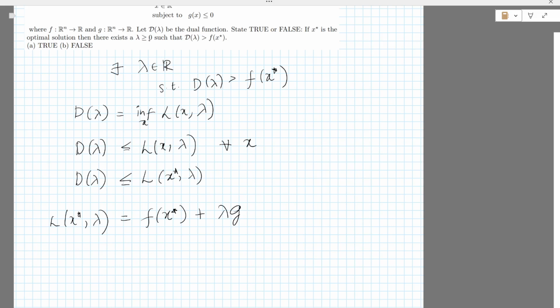So they are asking there is lambda greater than 0.